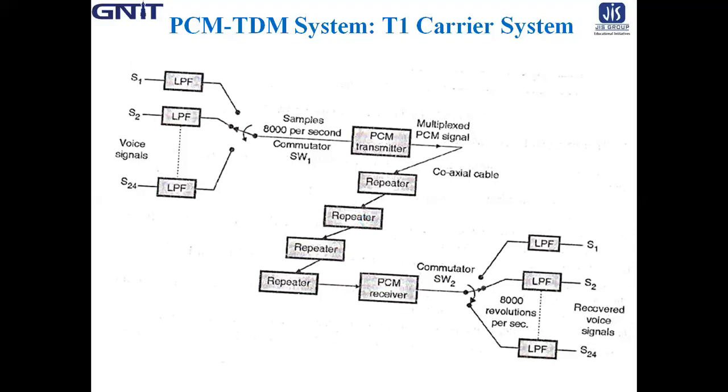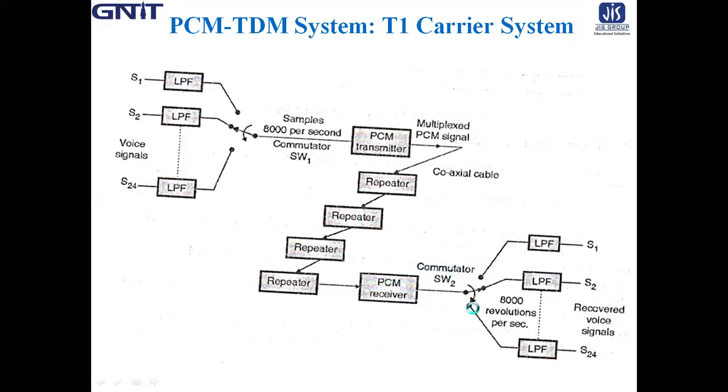At the destination, the signal is again expanded, decoded or demultiplexed at the PCM receiver and made available individually.